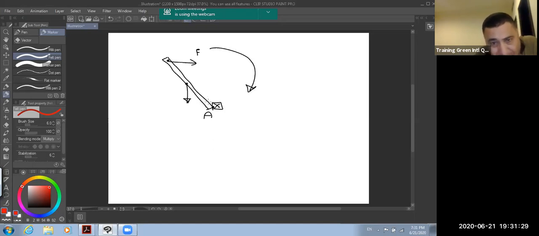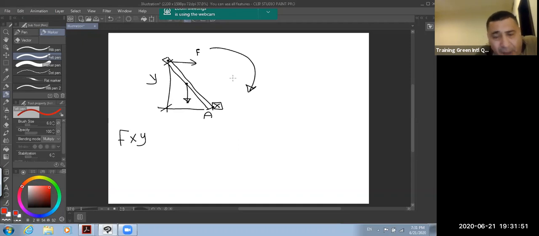So F makes a moment at this point. What is the moment? Force multiplied by distance. At the distance, this is Y now. This Y. So F multiply Y is the moment in this direction.